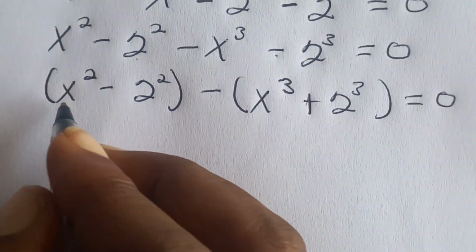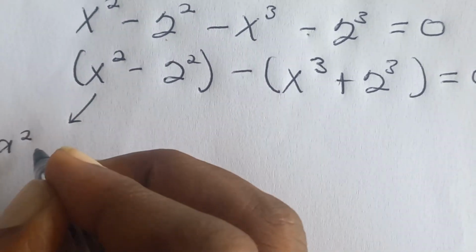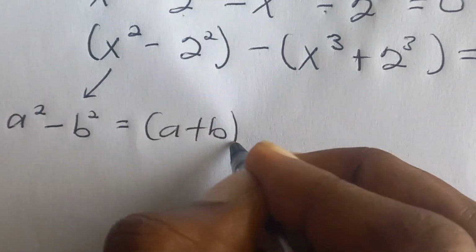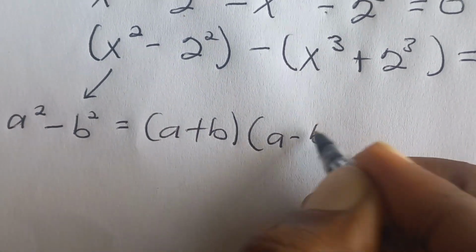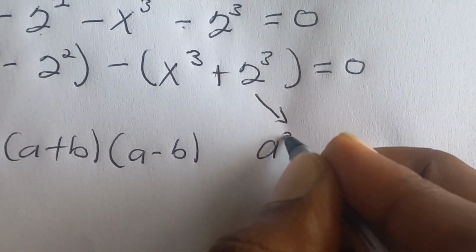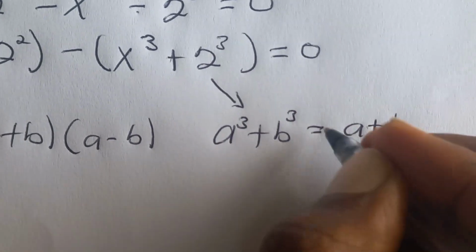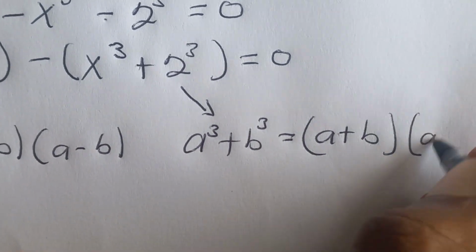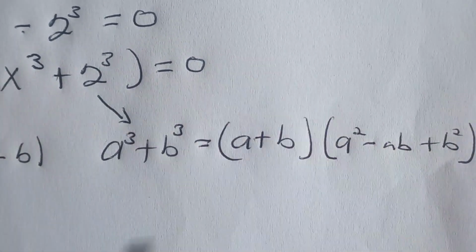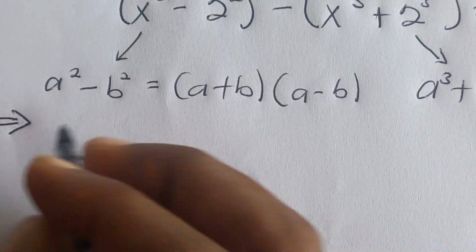Okay. This one is a difference of squares, where a squared minus b squared is equal to (a plus b)(a minus b). And this one, we're going to use a cubed plus b cubed, which is equal to (a plus b)(a squared minus ab plus b squared), like this. Okay, so we express our equation as this.